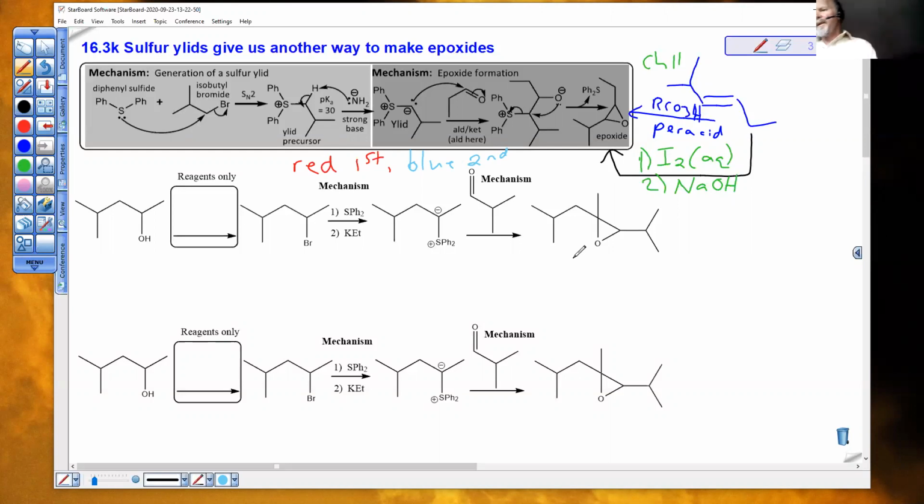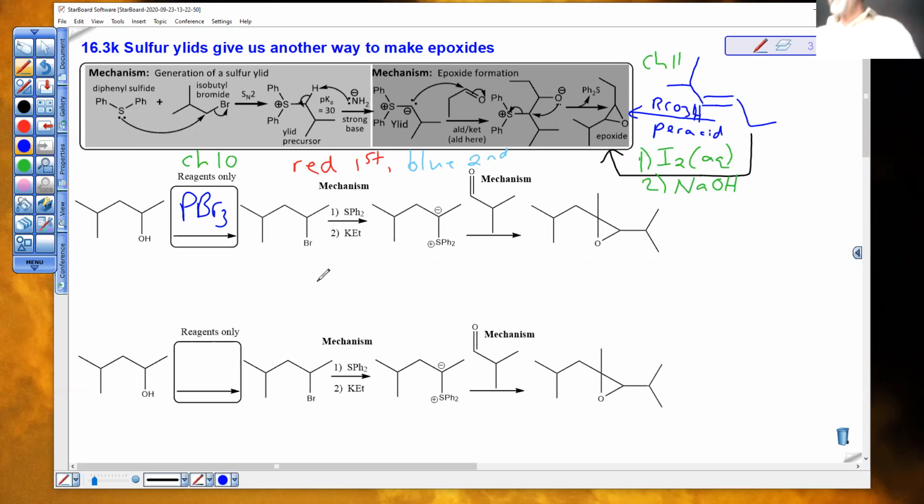How can we generate an alkyl bromide where we used to have an alcohol? We're hitting that chapter 10 review pretty hard, as you will be on test 1. PBr3 is our way to go. And then what happens with the sulfur and the 2 phenyl groups? Well, it's up here. It's doing a backside attack.